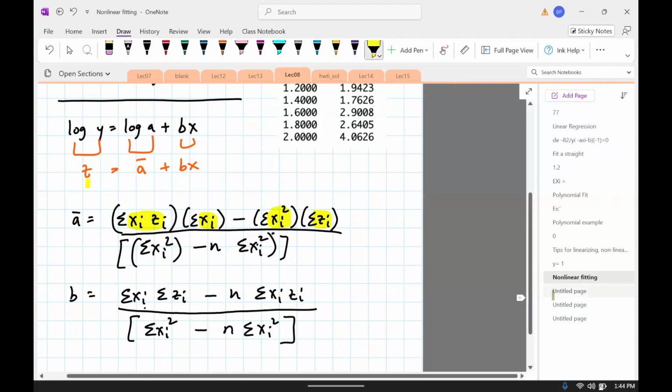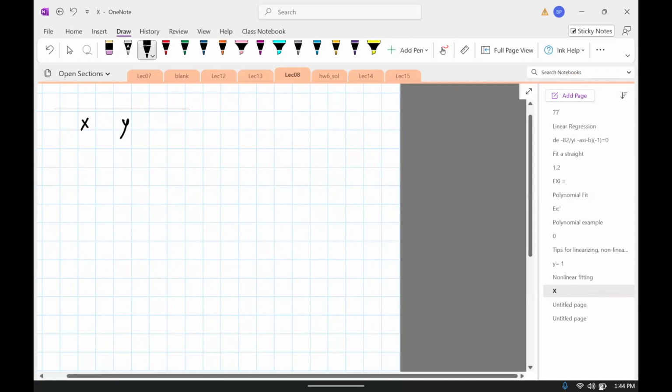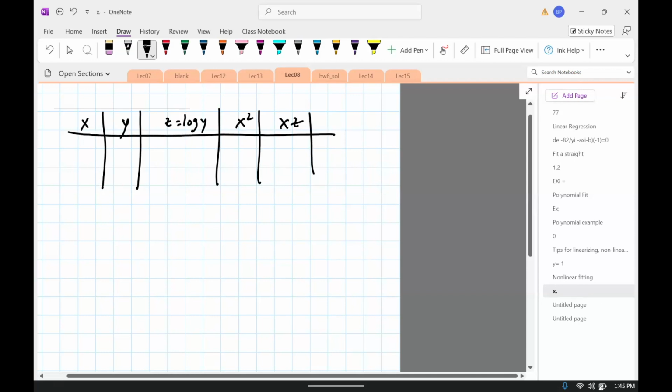Note that z is log of y. So this is what you'll do. You will make a table: x, z equals log y, then x square, x times z. And you'll populate it.